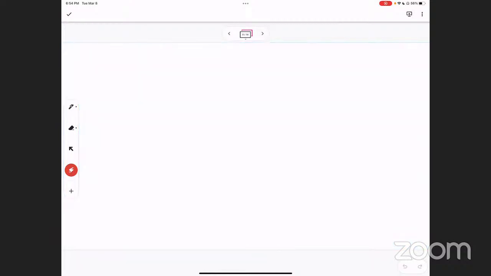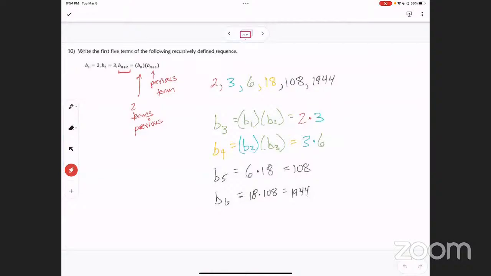You got any more questions there? Wait, so for the one we just did, that wouldn't be arithmetic, right? But was it geometric? Is 3 divided by 2 the same as 6 divided by 3?